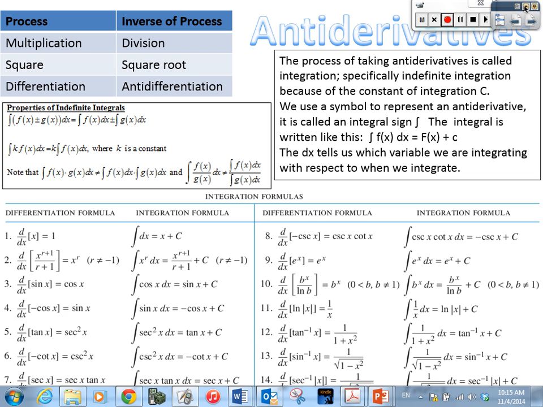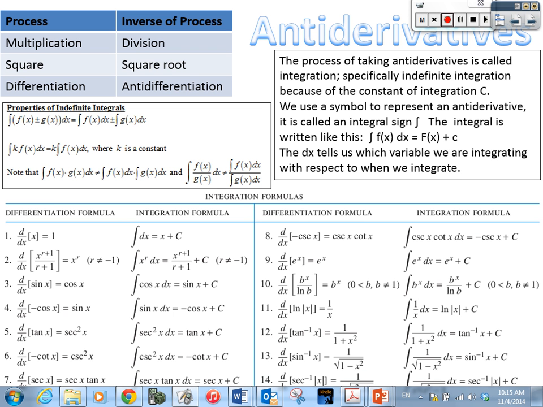So let's talk about what kind of process it is. When you were in elementary school, you learned how to multiply first, right? I mean, that's just what you do. And then you learn how to divide. These are inverse processes of each other. If I multiply two numbers together and then I divide them, I'm going to be back where I started, right? But we learn the multiplication first.